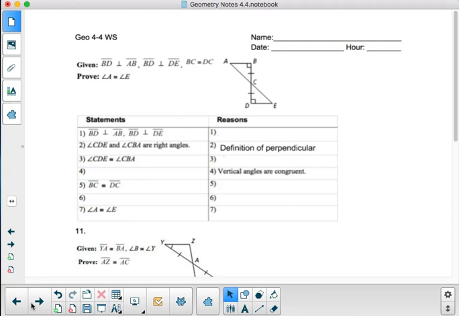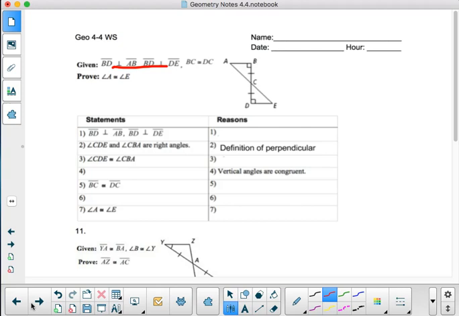Whenever you're given perpendicular lines, you have something called the perpendicular two-step. The right angles, angle B and angle D, are given, but I have to state them.